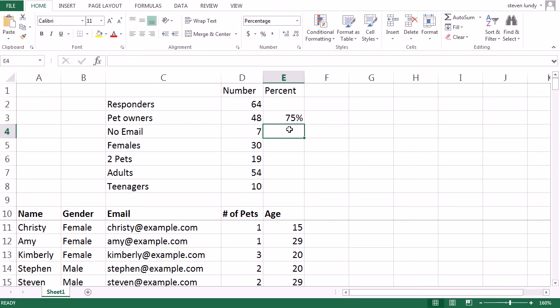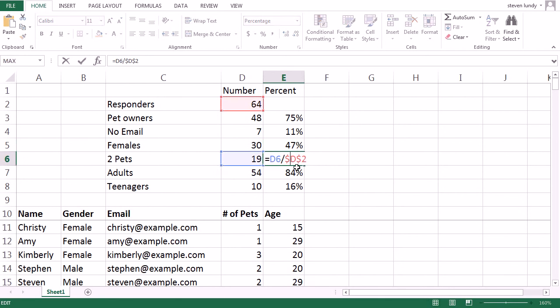If we want to make it so that the formula always uses the value of D2, we can put $ signs in front of the row and column to make it an absolute cell reference. Now when we drag the formula down, it will always refer to the same cell. We'll look at this more in our next video.